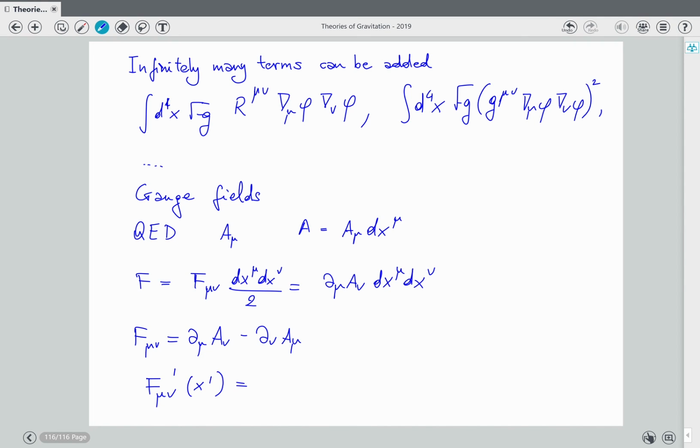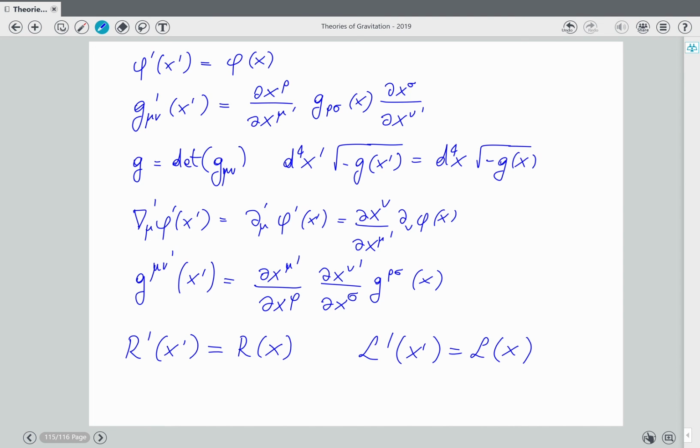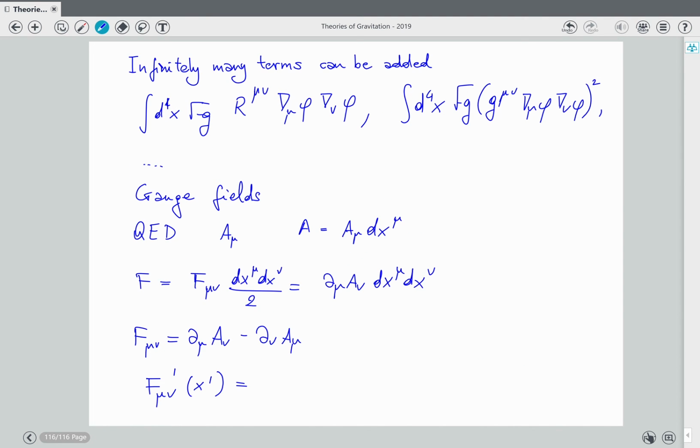So that is the same transformation as the one of the metric.